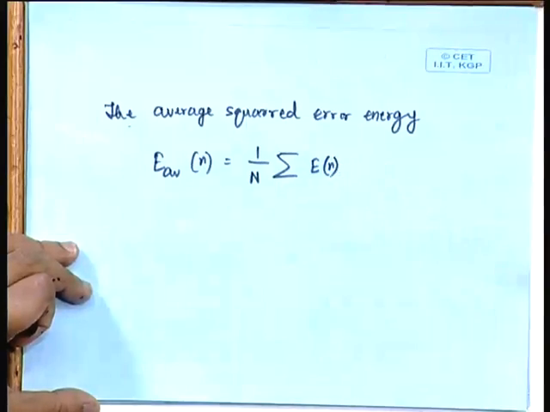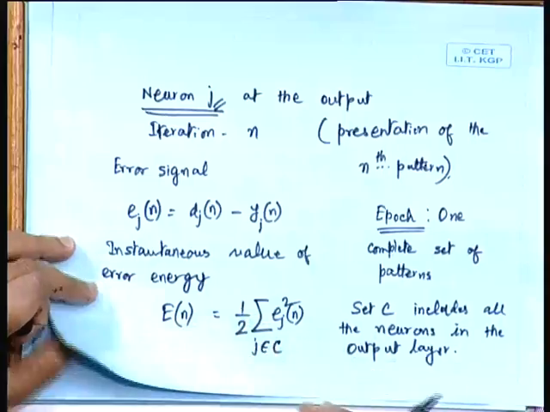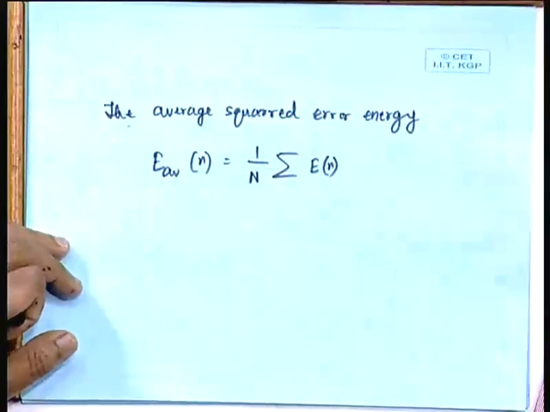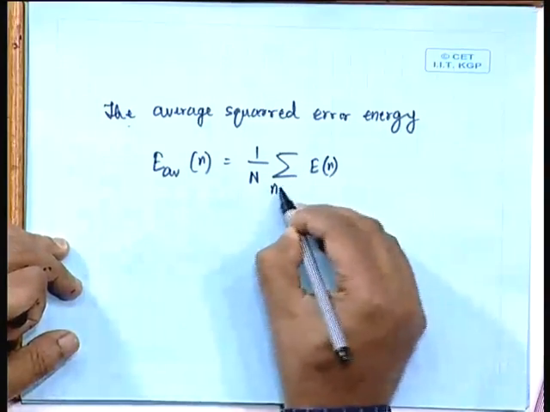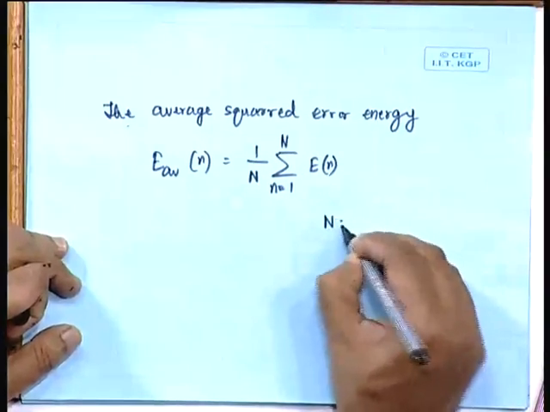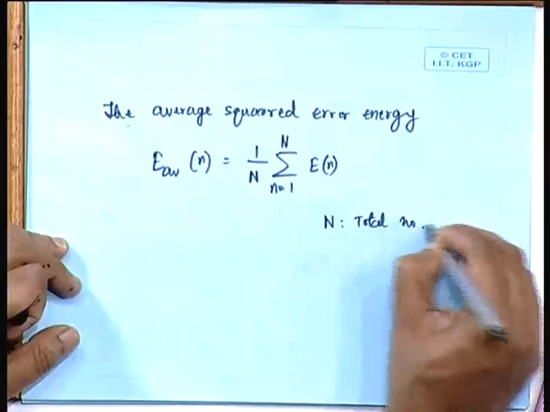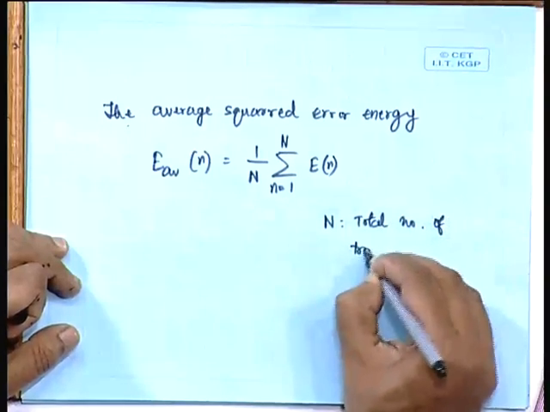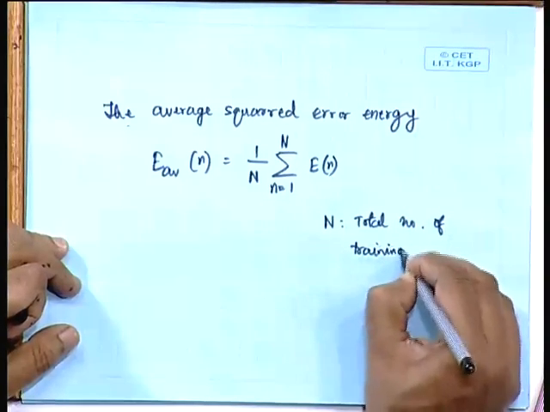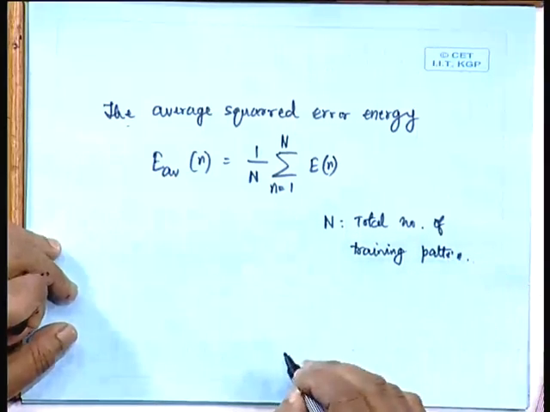E n is what I have defined just now, the instantaneous value. So, this instantaneous value of the error I sum up for n equal to 1 to capital N, where capital N is the total number of training patterns that composes one epoch.